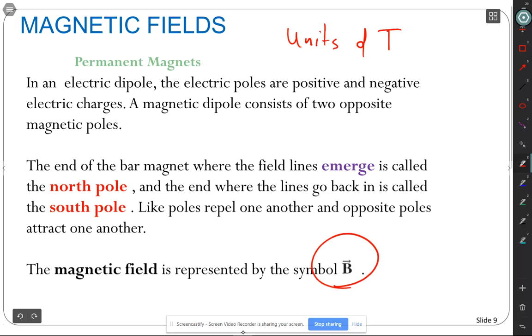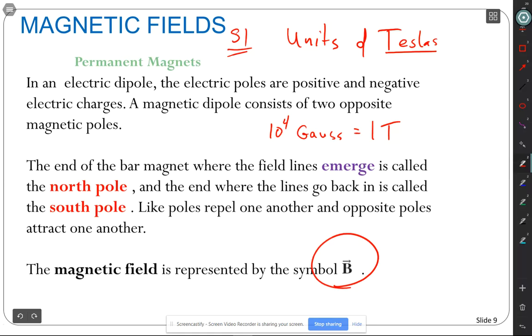The units for magnetic field are Teslas. We'll learn in a little bit what a Tesla is, but for now, let's just say it's units of Teslas, named after Nikola Tesla. That's the SI unit, the standard unit. There's also the Gauss, which, if I remember correctly, 10,000 Gauss is equal to 1 Tesla.